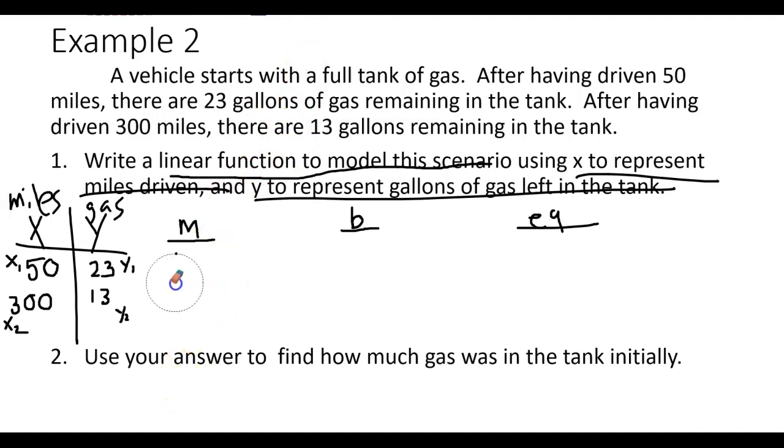Try that again. y2 is 13 minus y1 is 23, over x2 minus x1. There we go. And so 13 take away 23 is negative 10. 300 take away 50 is 250. And that reduces to negative 1/25.